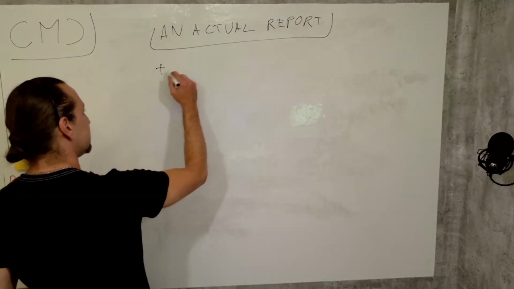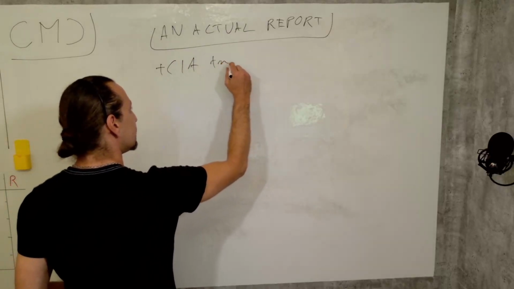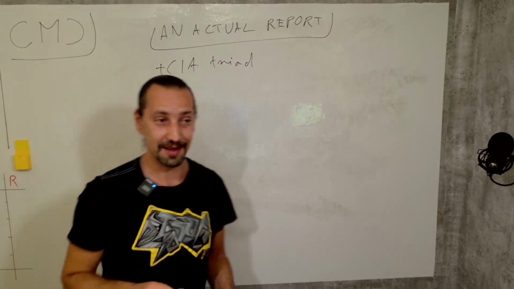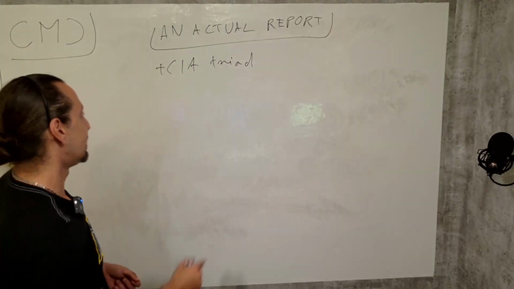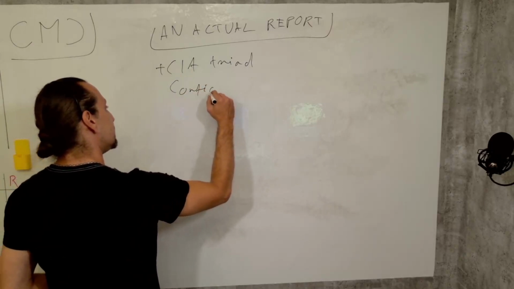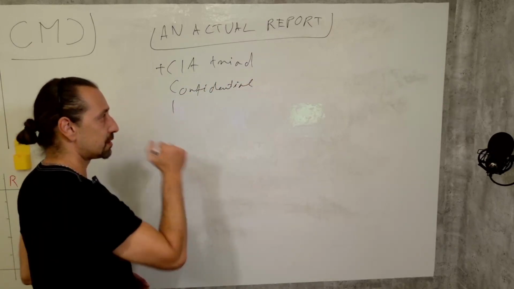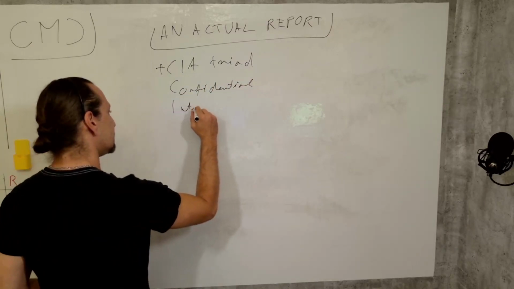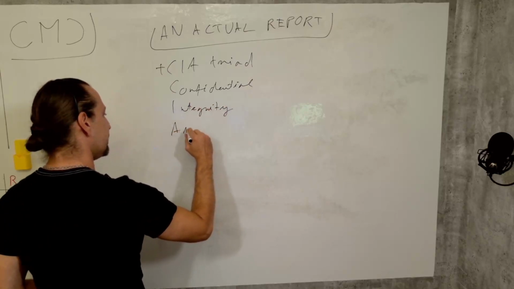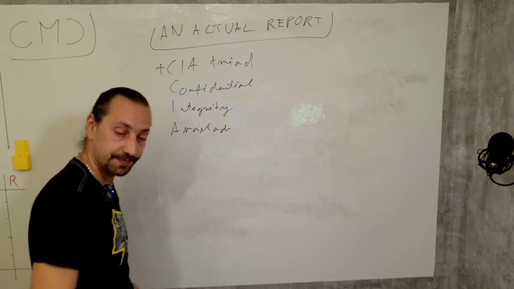Some may have heard about the CIA triad. It's not the CIA as the government agency. It stands for confidentiality, integrity, and availability.